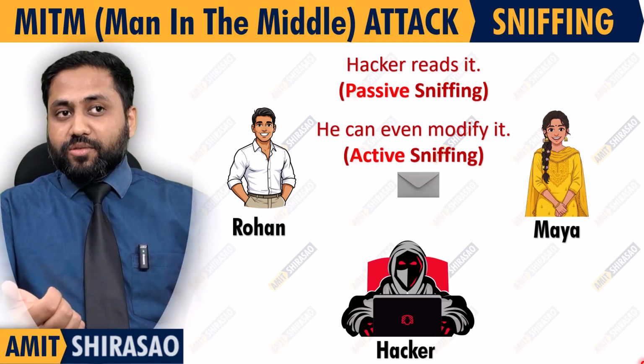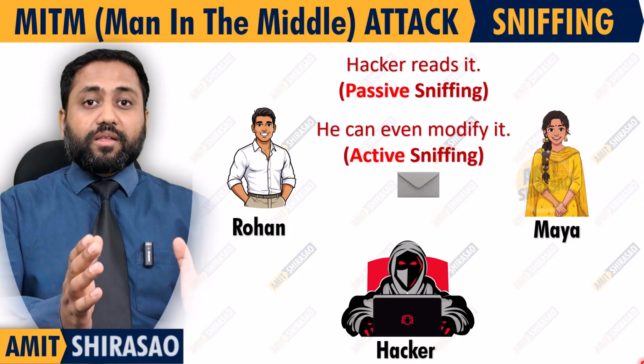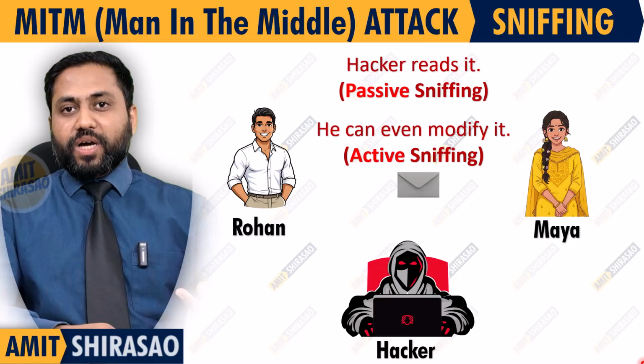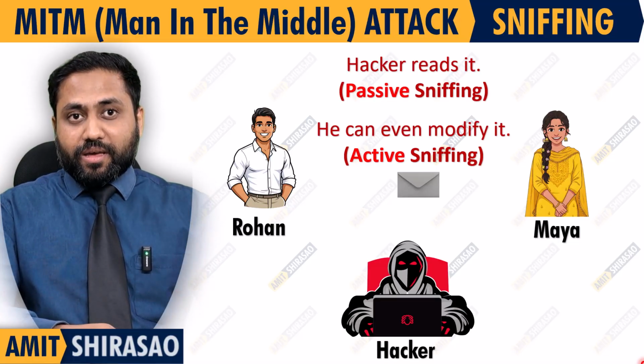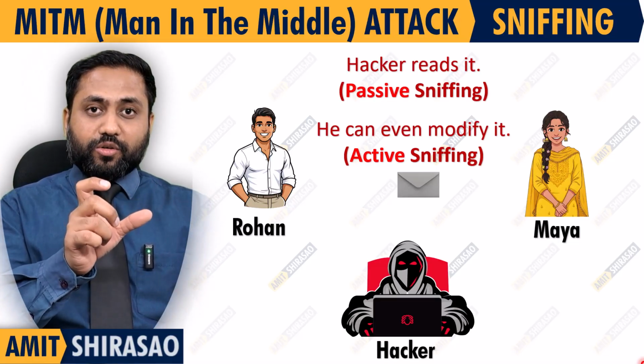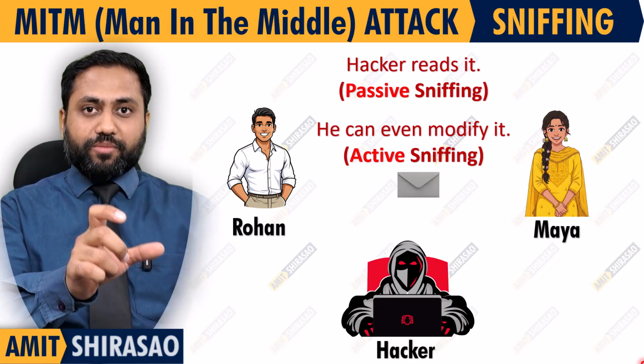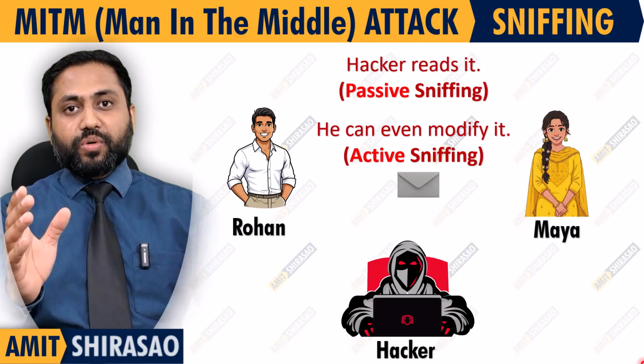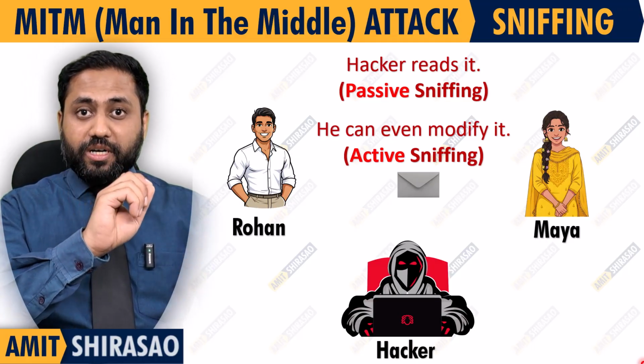Now, what is active sniffing? Active sniffing means the hacker even modifies the message. For example, Rohan writes to Maya, I love you, Maya. And the hacker can actively sniff it, meaning change parts of this message. For example, instead of saying I love you, he'll just change the word love to lust.